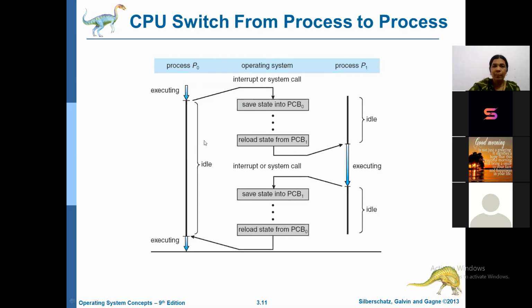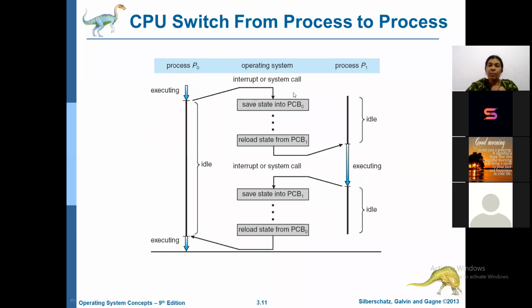In this example, the lower priority process is process P0, and the higher priority process is the interrupt, shown here as process P1.